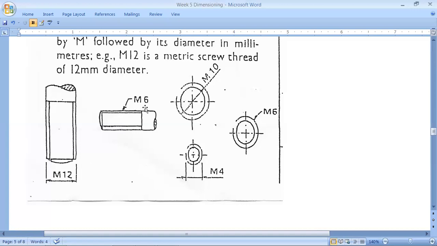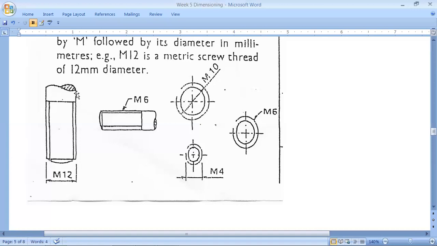But in some cases, you might see the letter M indicating metric, the number indicating the diameter of the screw, and the letter X, that is times, and one number after that. This number coming after that will be the pitch of the thread for this particular screw.